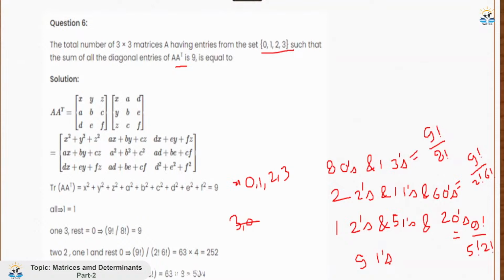And in this case, there is only one case, so it would be 1 only. So 9 factorial upon 8 factorial is 9. Then 9 factorial upon this thing is equal to 252. Then 9 factorial upon 5 factorial, 3 factorial, so this thing is equal to 504. So in total there would be 1 plus 9 plus 252 plus 504, which is 766 matrices.